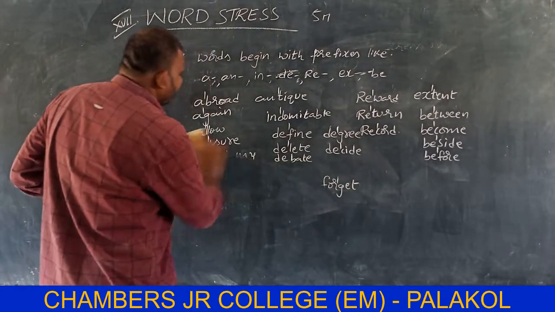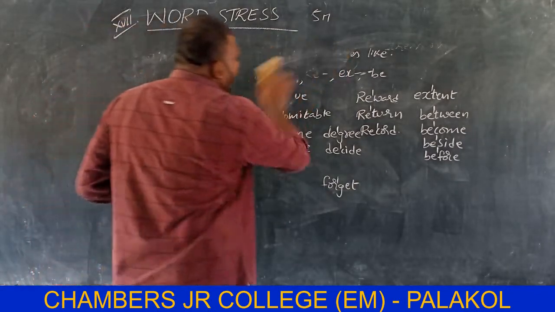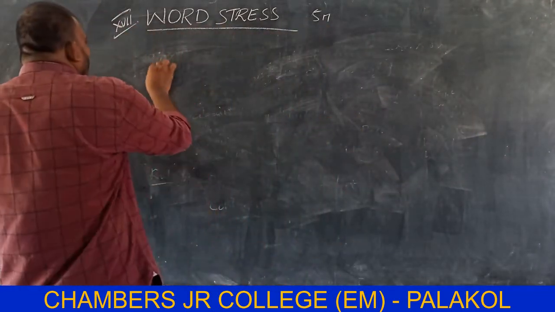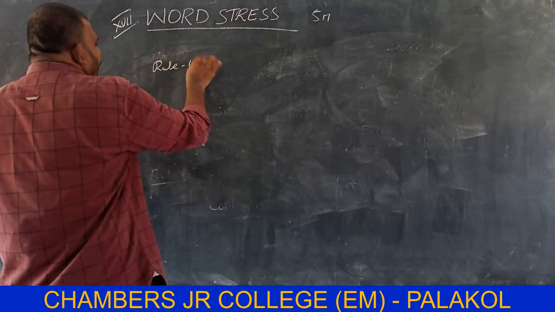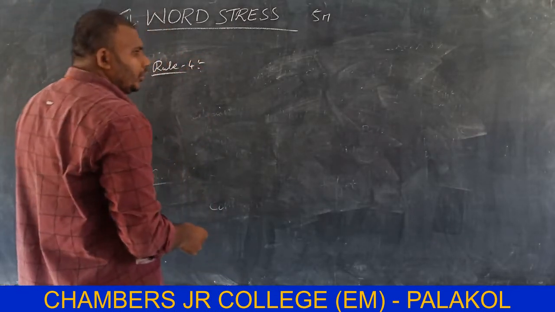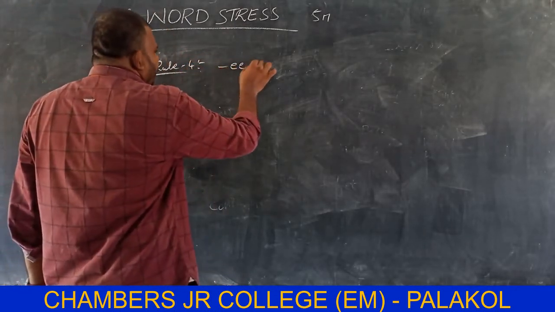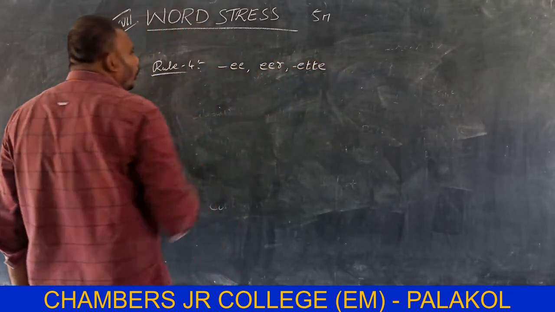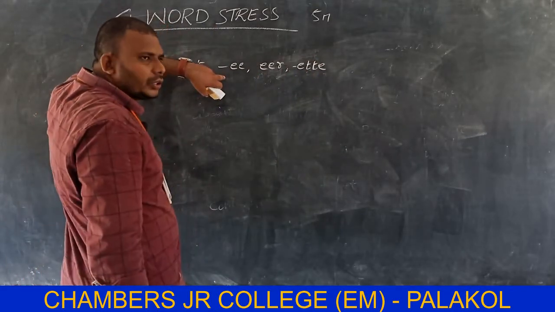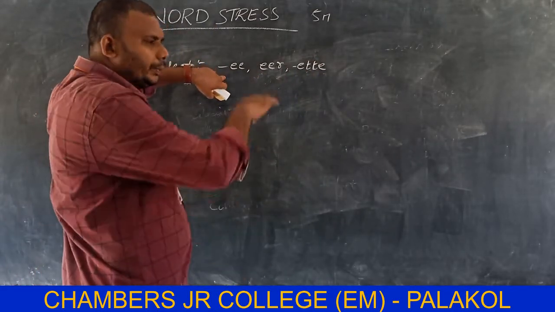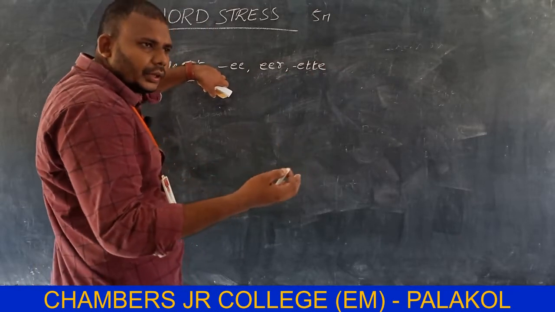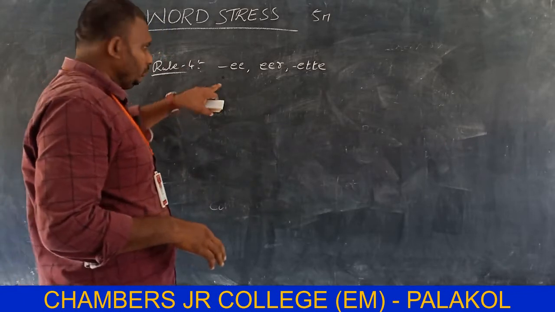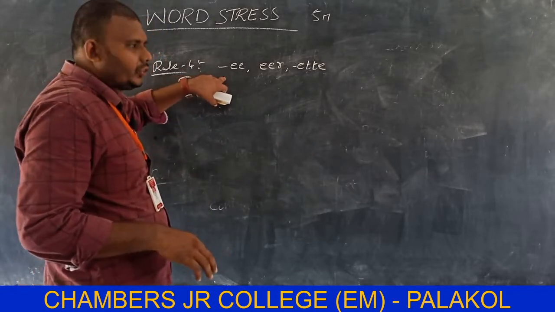And let's see the next rule. Rule number 4. It is an interesting one. The words that end with these particular suffixes. In the previous rule, we had examples regarding prefixes, but in this rule, there is a rule regarding suffixes.